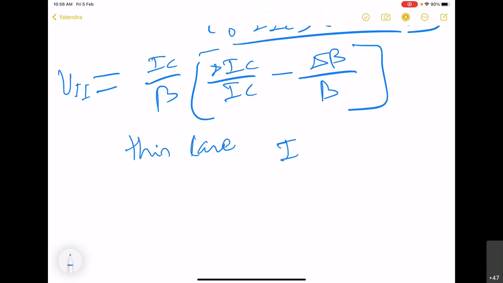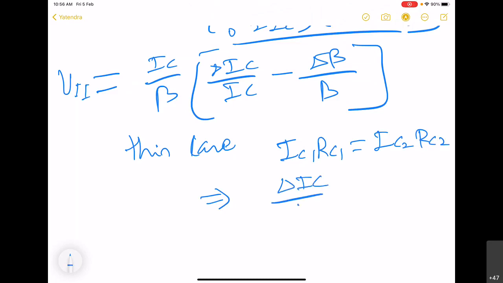we have already seen that IC1 RC1 is equal to IC2 RC2. There will be no DC offset, and this is similar to what we got for the MOS case, and this will translate to delta IC by IC is equal to minus delta RC by RC.